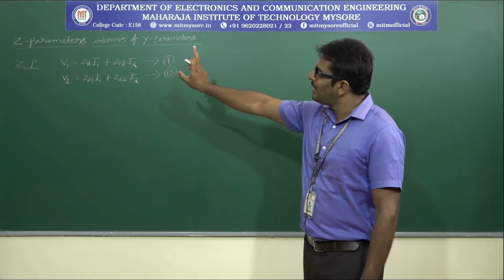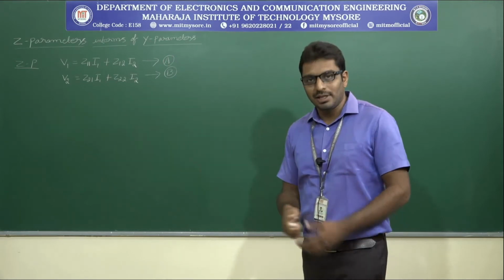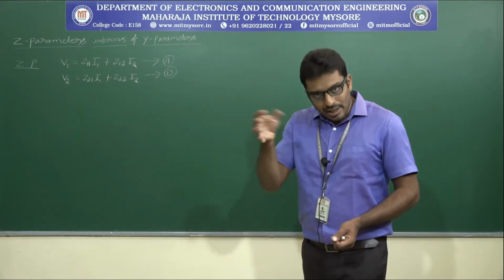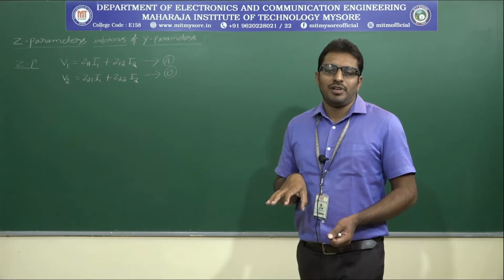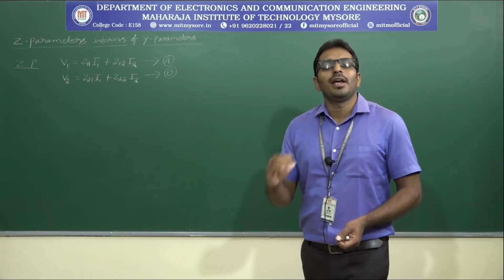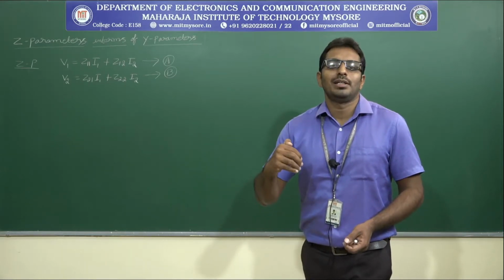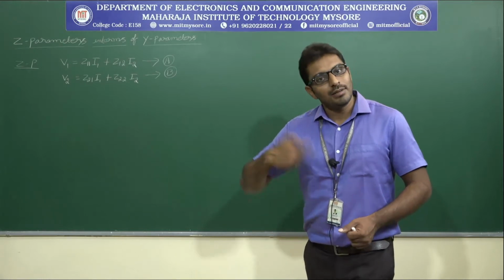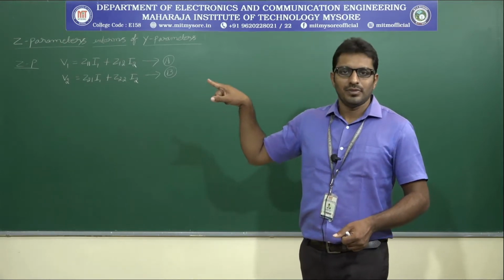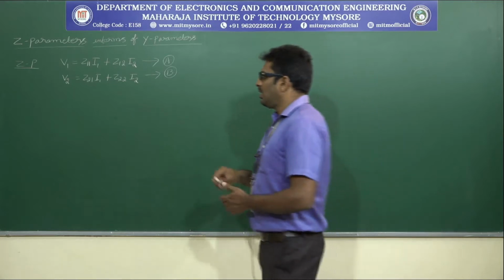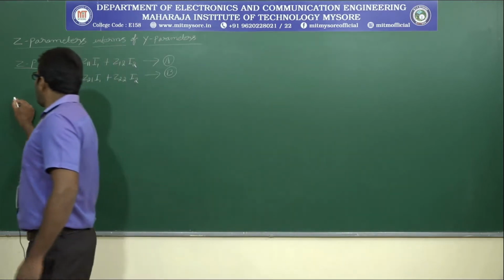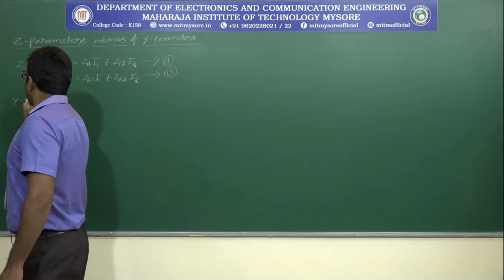What is the first topic? Z parameters in terms of Y parameters means we need to consider the Y parameter equations and try to express them in terms of Z parameters. So, let me consider the Y parameters equations.